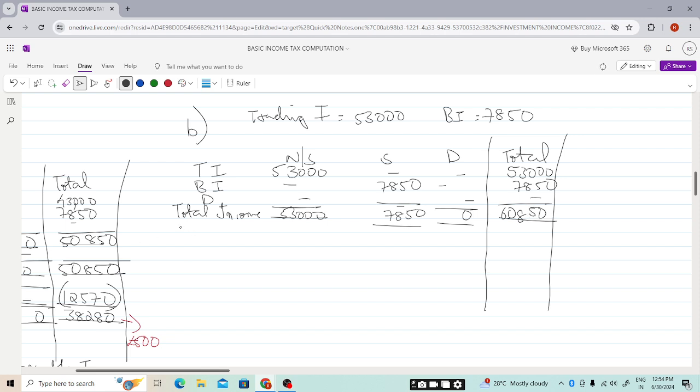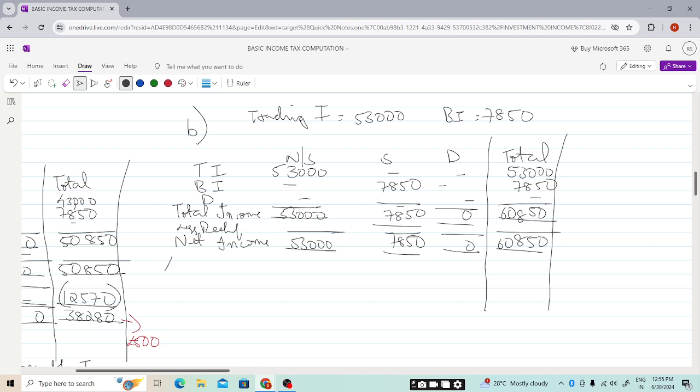Then less relief. Is any relief available? No. After reducing the relief, we get our net income. Net income is the same as total income, 53,000, 7,850 and 0.